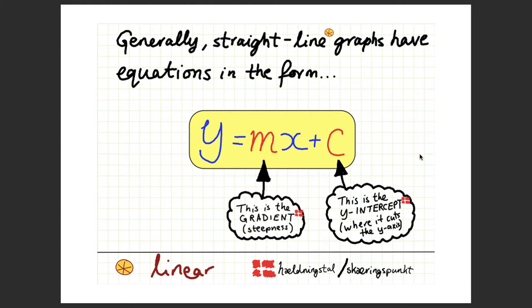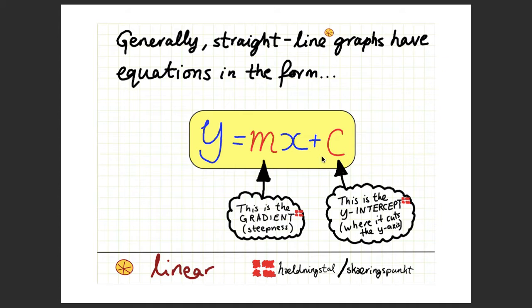So some general notes. Generally, straight line graphs, or linear graphs to give it the proper term, have equations in the form y equals mx plus c. So the m and the c are just numbers. And the m, the number in front of x, the coefficient of x, tells you the gradient, and that's got a Danish term, hældning. That's gradient or steepness.